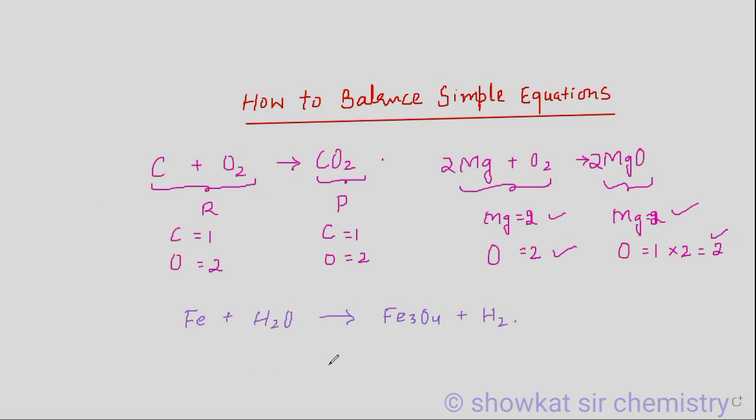So how to balance this one? Now see, first of all, whenever you have such type of simple chemical equations, you will first balance atoms other than hydrogen and oxygen. So see, iron, here we are having 3 on the product side, here we are having only 1, so you will multiply it by 3. Got it? Then we are having 4 oxygen atoms, here it's only 1, so you will multiply it by 4.